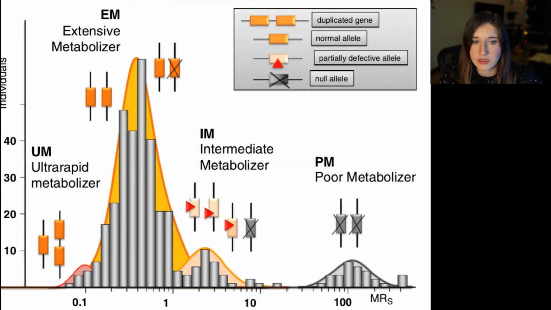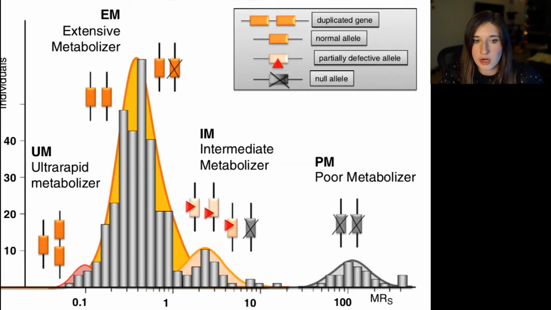The null allele just doesn't work, but a partially defective allele means there is some type of polymorphism that gives reduced functioning. So they can take a drug that's metabolized by, again, CYP2D6, but they just won't have really great metabolism of it. It'll be a lot slower than it should be.